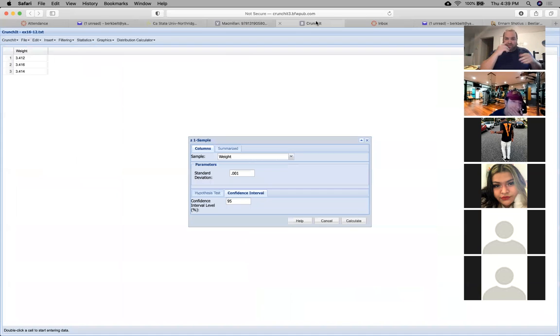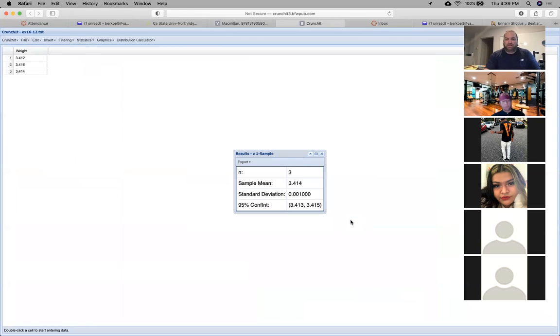This confidence interval that I calculated is telling us that I am 95% confident that the true mean, which I cannot and will not ever know, is between this number and this number. Could it be outside of that?